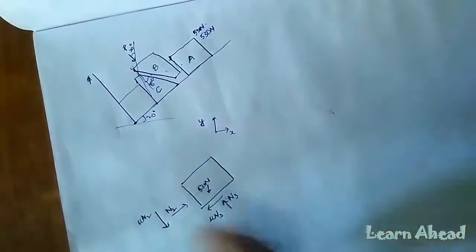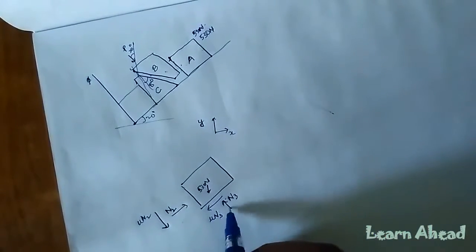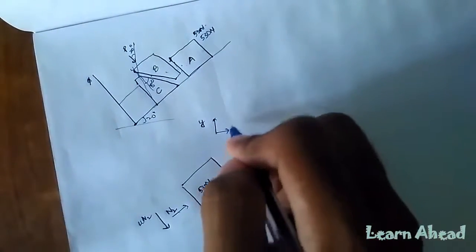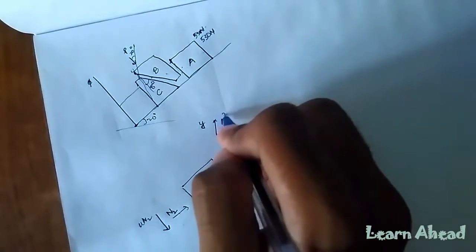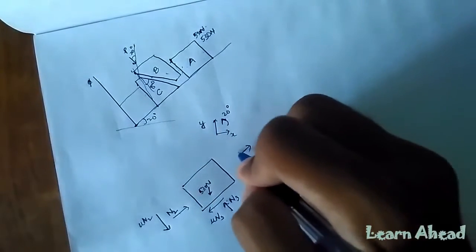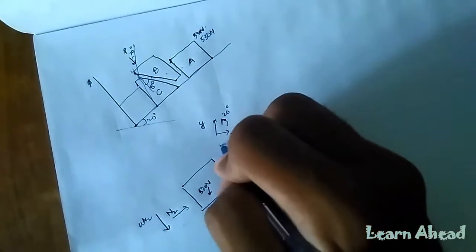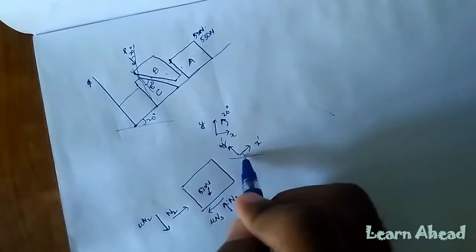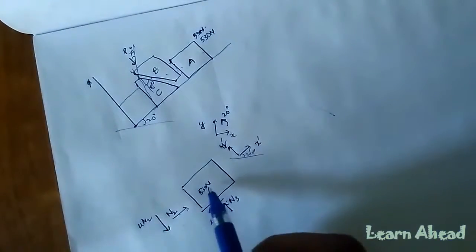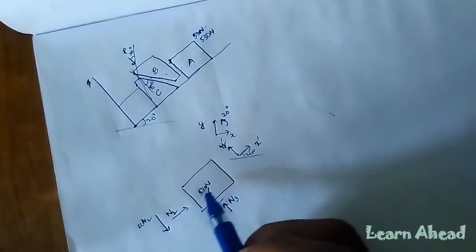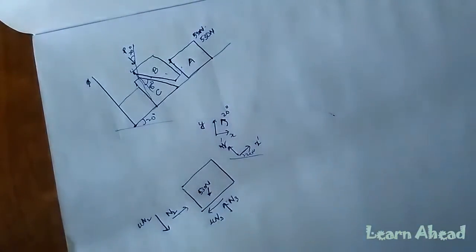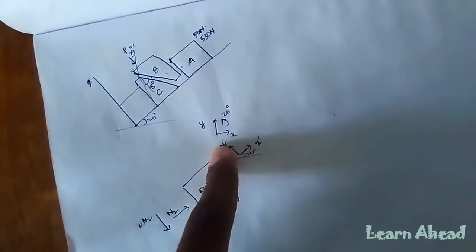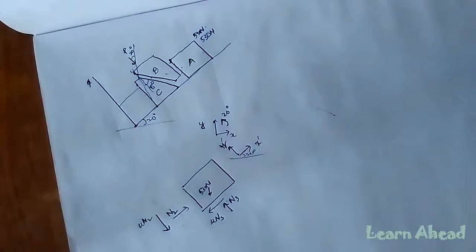So why not I just tilt this coordinate system? Otherwise all these forces will require sine and cos components. Let me just tilt this whole coordinate system by 20 degrees, so that this is my new coordinate system, say x dash y dash. By doing so we just have to apply the sine and cos components of the 530 Newton force now, not all these four things. So that's just a way of simplifying. Of course you can move with this also, there is absolutely no problem with it.